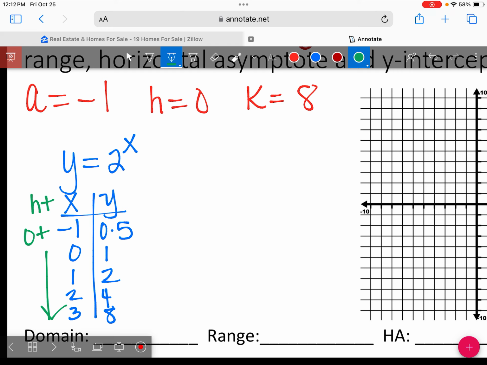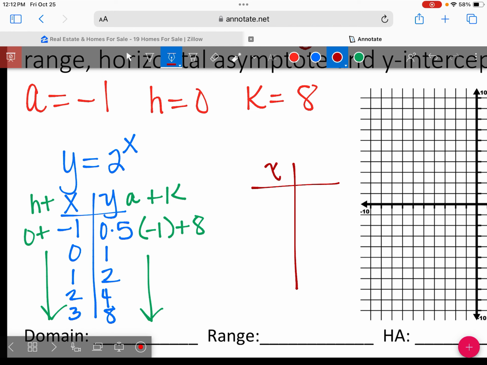But your y value, we're going to multiply it by a and then add k. So I have to take these 5 numbers, multiply it by -1, and then add 8. So go ahead and do that. Create your table.